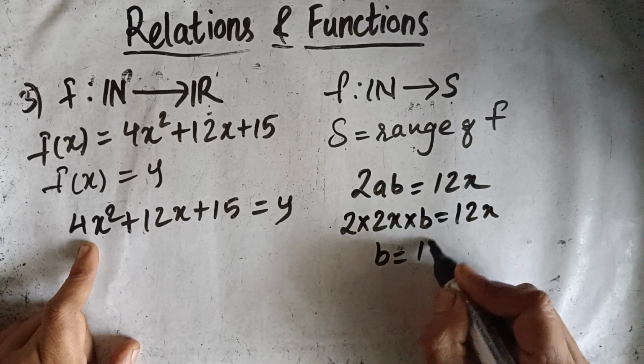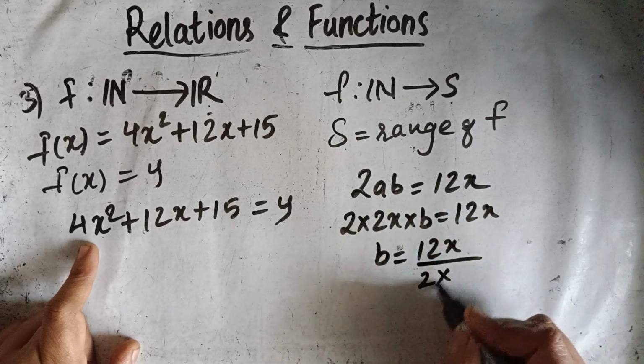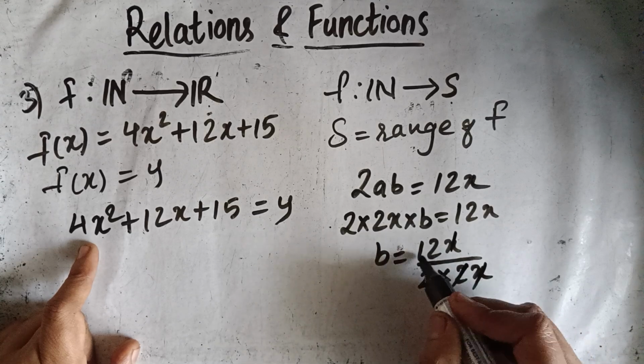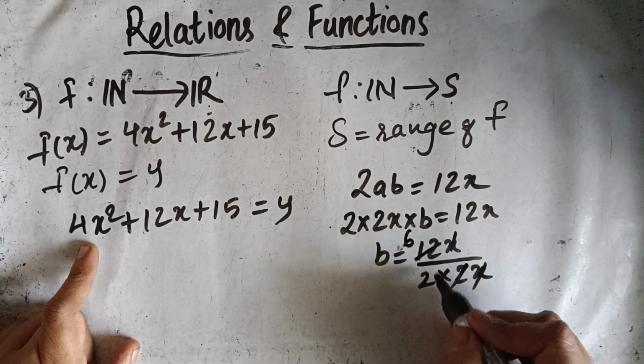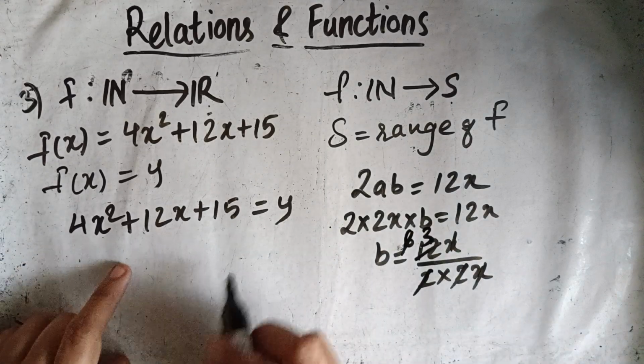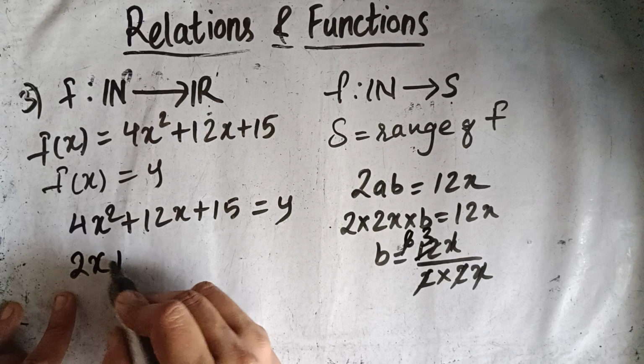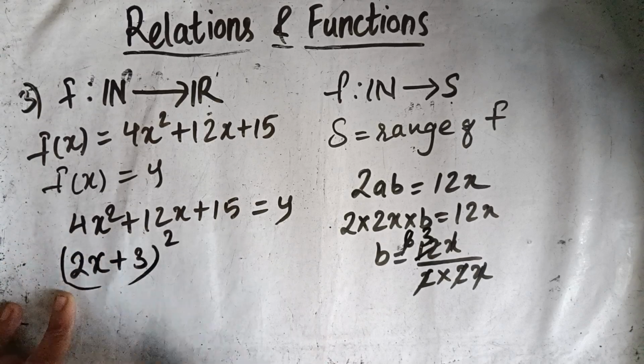So b is 12x upon 2 into 2x, which is 3. So you can write this as 2x plus 3 the whole square.